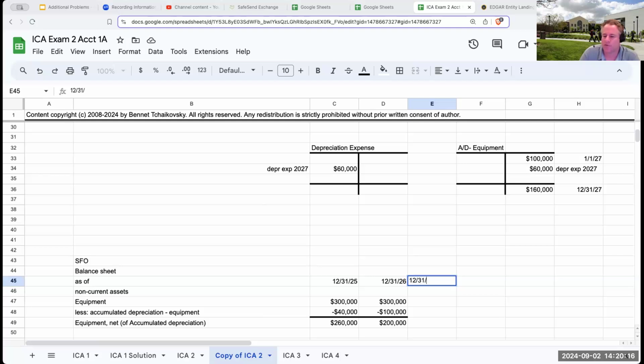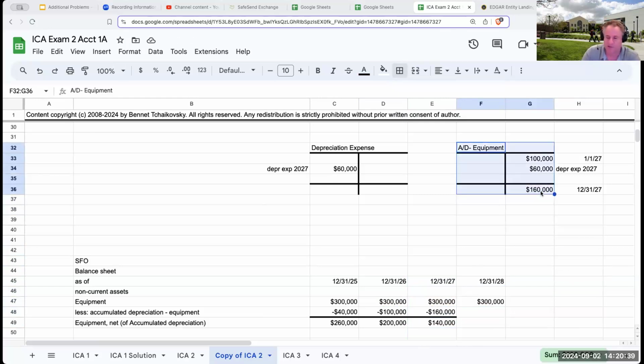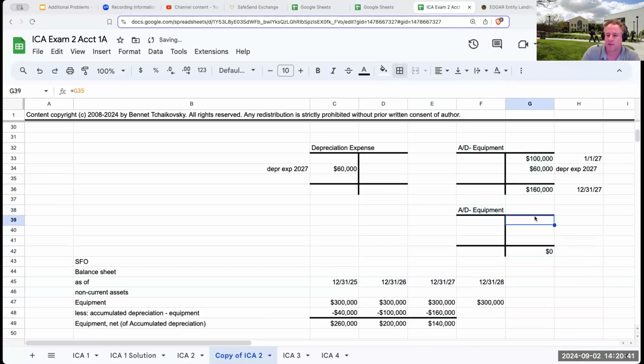So on 12/31/27, that's what's going to happen, and we're going to get to 140,000. Now, if I did it for the following year, 12/31/28, as you can see, I would be putting here another 60,000. So 1/1/28.